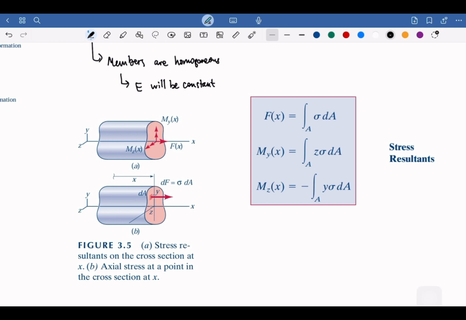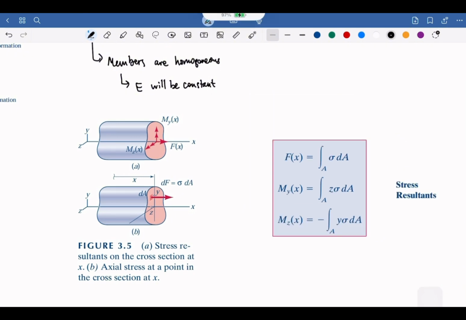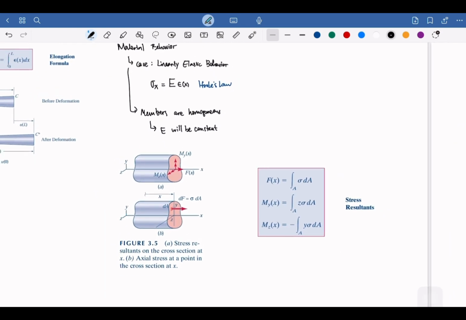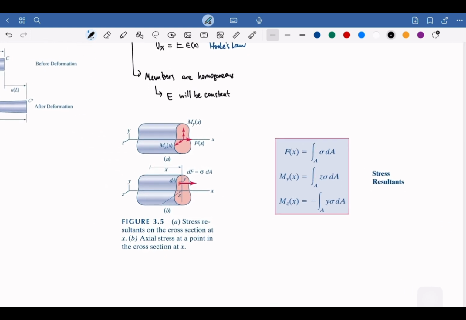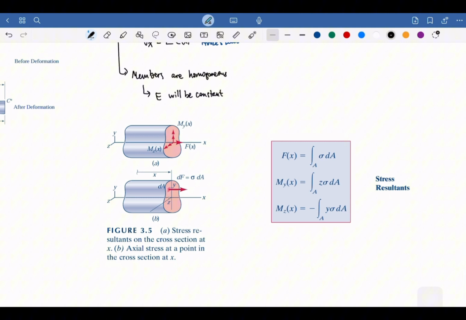For the case of axial deformation, although we start with the F, M, My, and Mz, later when proving this formula we are going to have a really simple formula for calculations, and we are going to use that as our analysis.